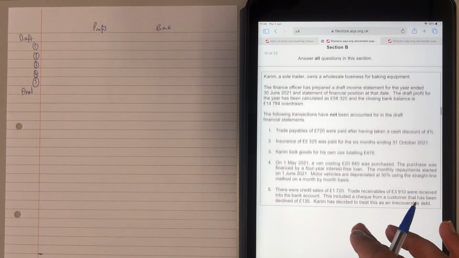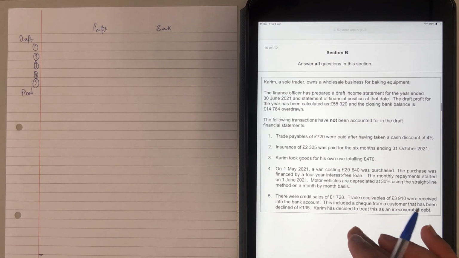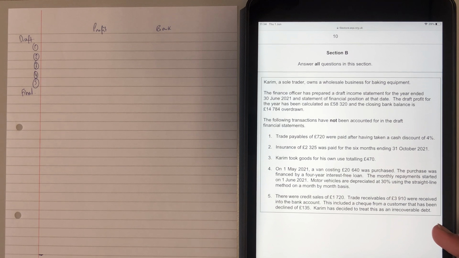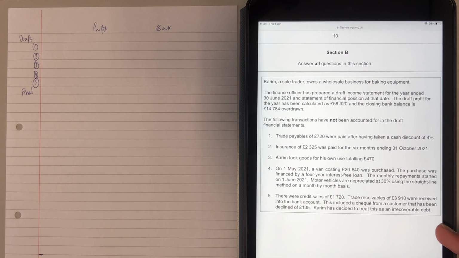Okay, so if you know your paper 1 content well, meaning sole trader statements, adjustments, then you should be relatively fine with this question. It's a straightforward question, something that I actually quite enjoy working through. Paying attention to detail is the key in this question. Okay, so let's get started.